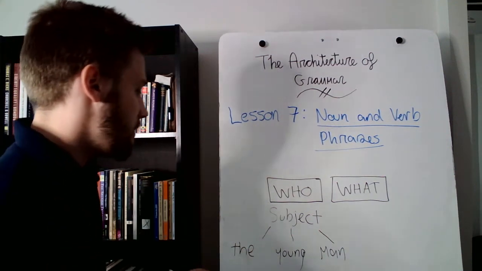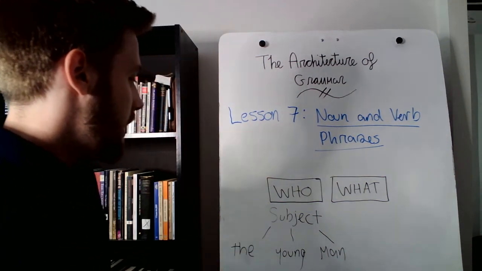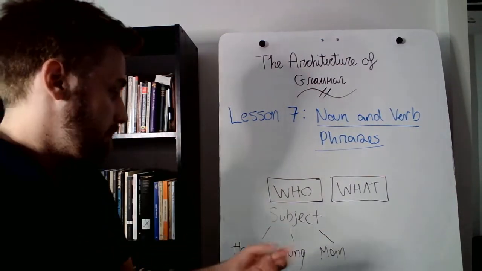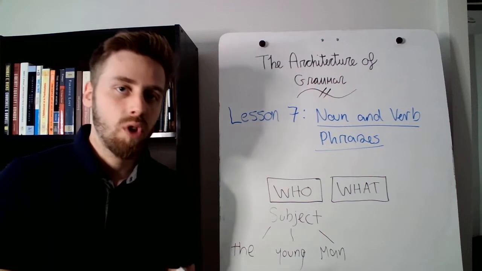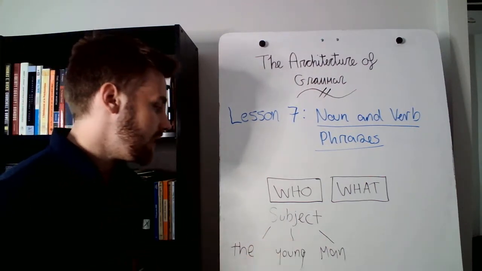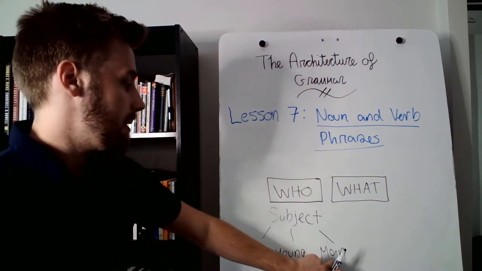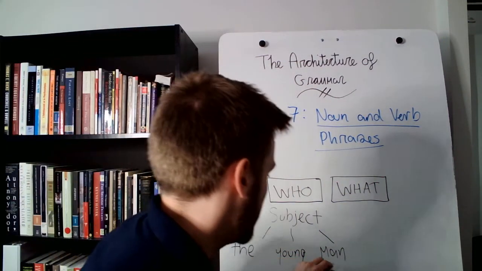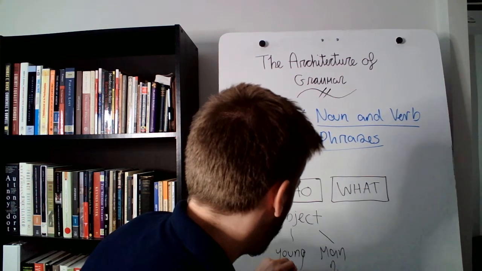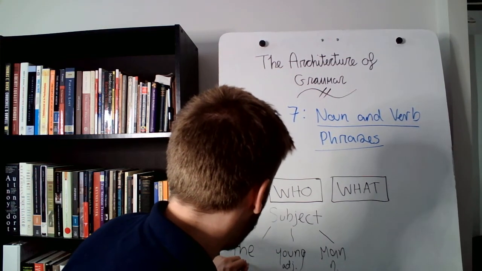Now here's the other thing. We could also have an adverb, and an adverb typically modifies the verb, but it can also modify an adjective. So in the young man, young modifies man, which is the noun. Just put it here: noun, adjective, determiner.